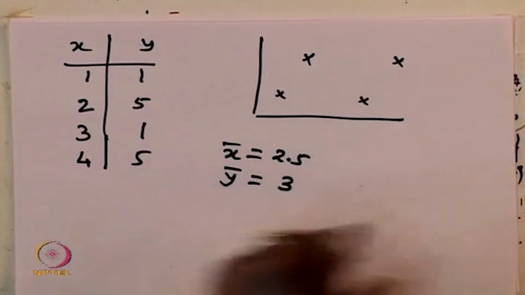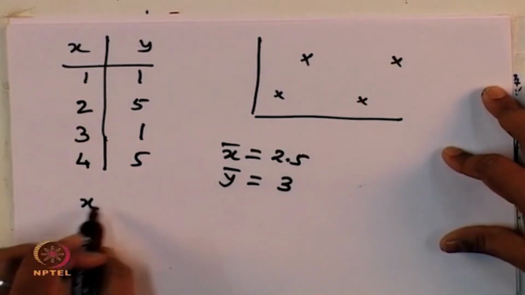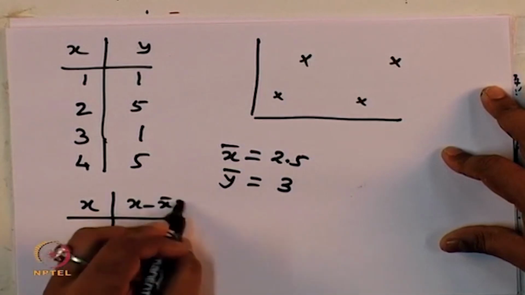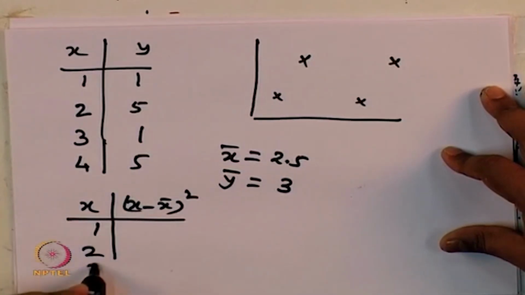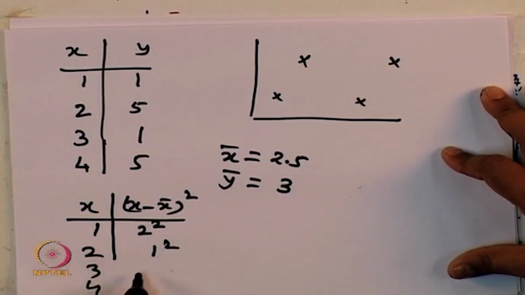Okay. So, let us find out the standard deviation Sx. So, if I know the value of x minus x bar whole square, for 1, 2, 3, 4, this is 2 square, 1 square, 1 square, 2 square.